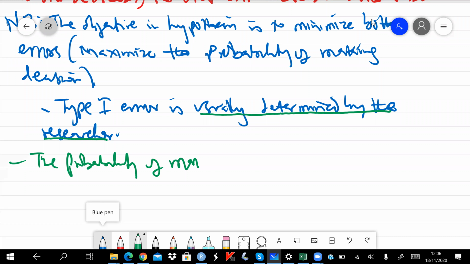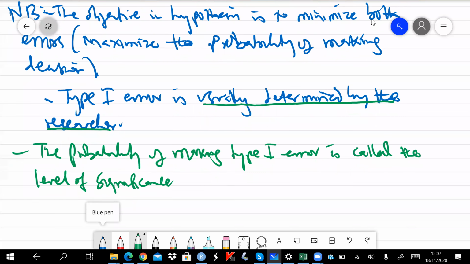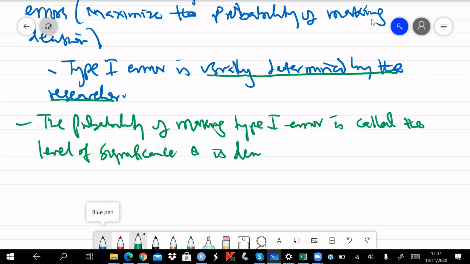So let's mention that the probability of making type 1 error is called the level of significance, and is denoted by the symbol alpha.